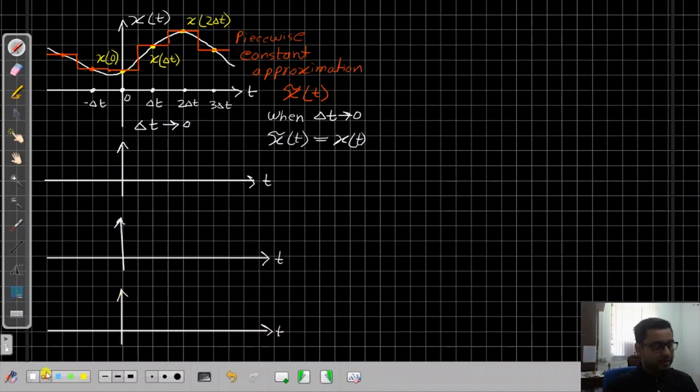Now look at this part of the signal. From here to here. So this part I shall draw like this.